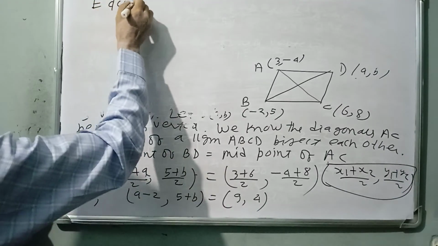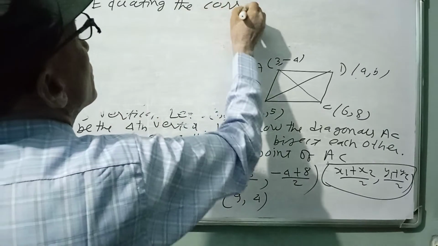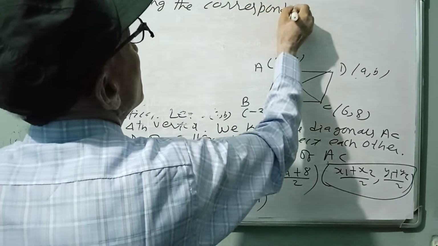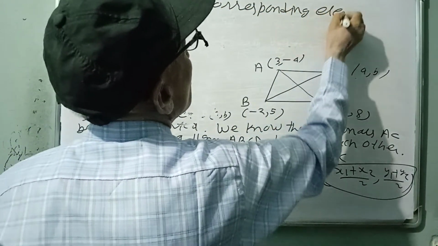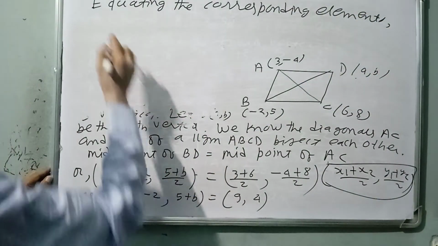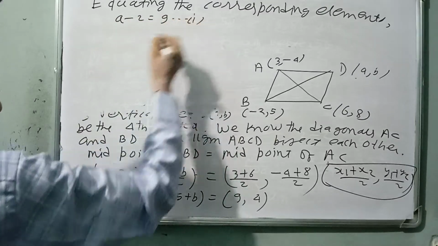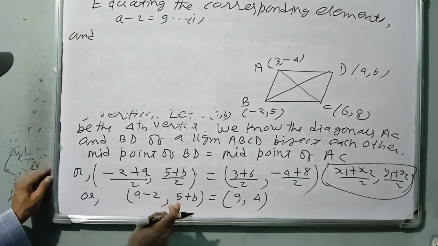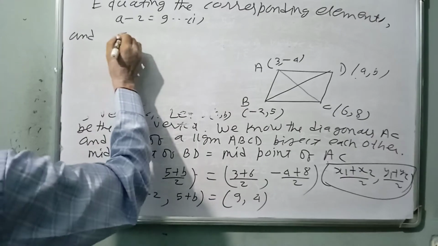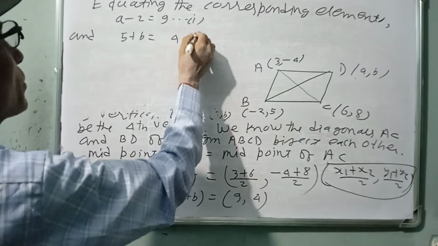Equating the corresponding elements, what will you get? If we equate, a minus 2 equals 9, equation number 1, and 5 plus b equals 4, equation number 2.